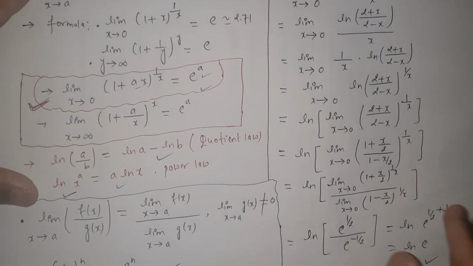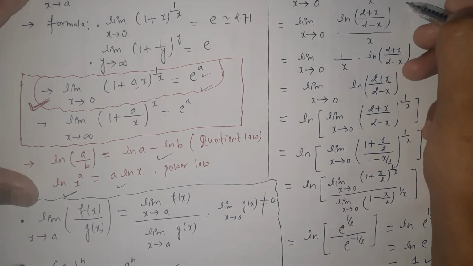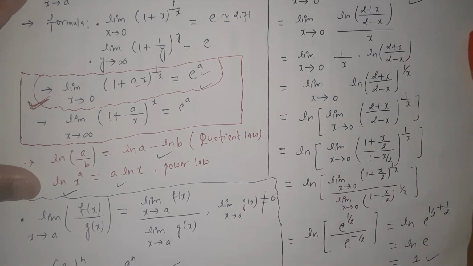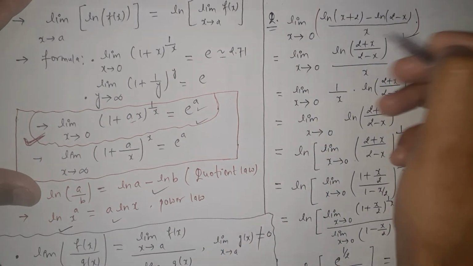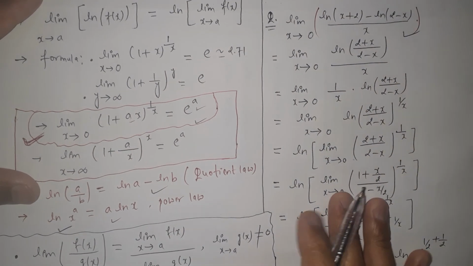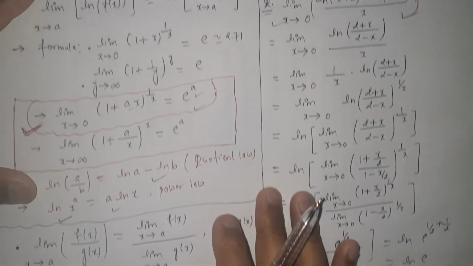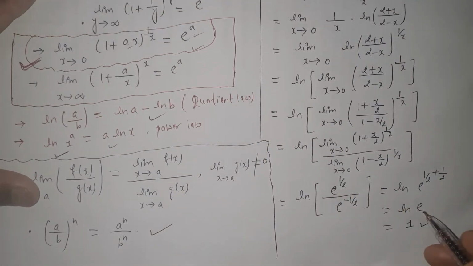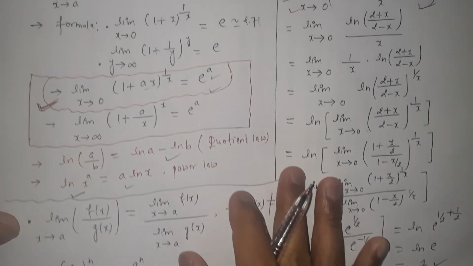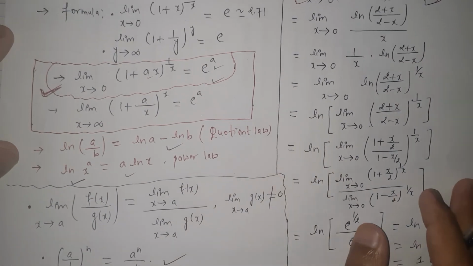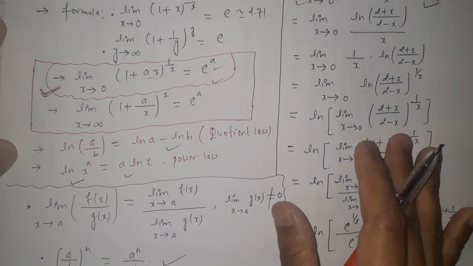This is the final solution for the given question. Here we calculate the limiting value of these functions when x approaches 0. We finally got the limiting value as 1. Here we use so many concepts to solve this particular problem.